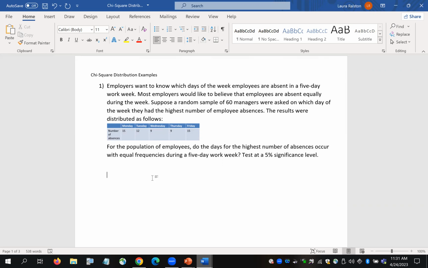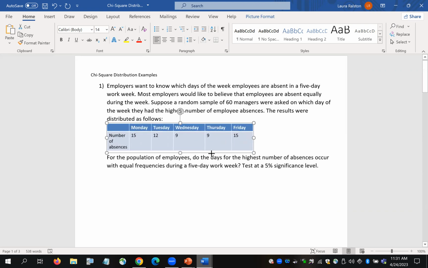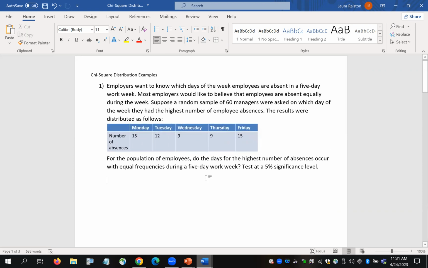The results were distributed as follows. For the population of employees, do the days where the highest number of absences occur with equal frequencies during a 5-day work week? Test at a 5% significance level.